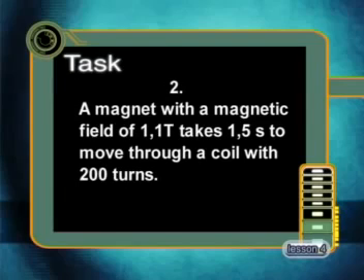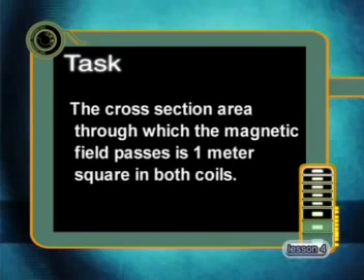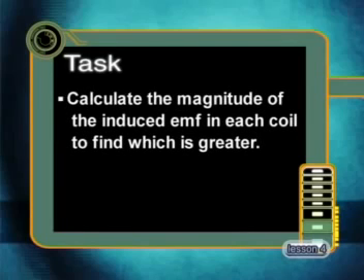A magnet with a magnetic field of 1,1 Tesla takes 1,5 seconds to move through a coil with 200 turns. The coils are both the same shape and length. The cross-section area through which the magnetic field passes is 1 meter square in both coils. Calculate the magnitude of the induced EMF in each coil to find which is greater.